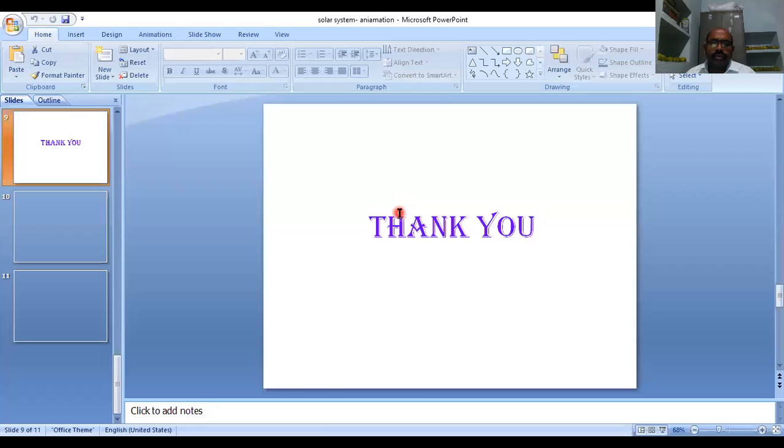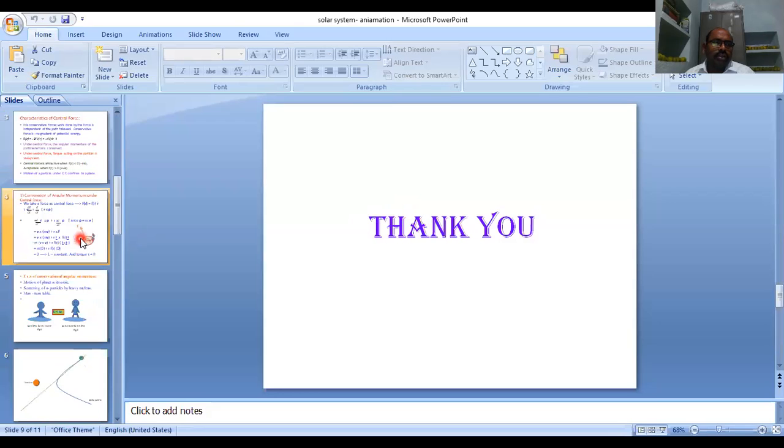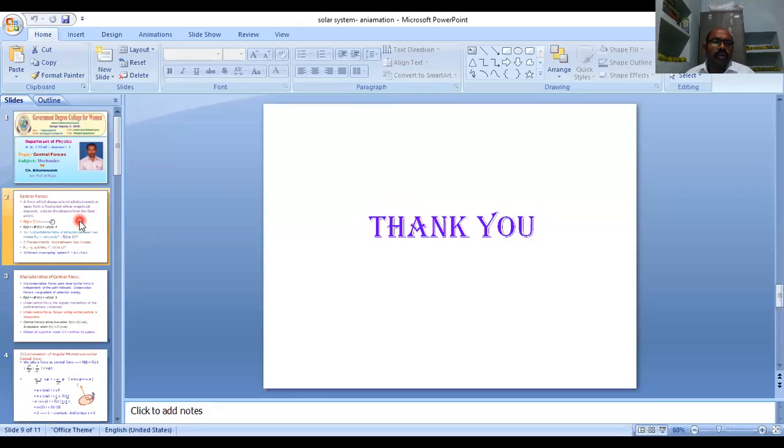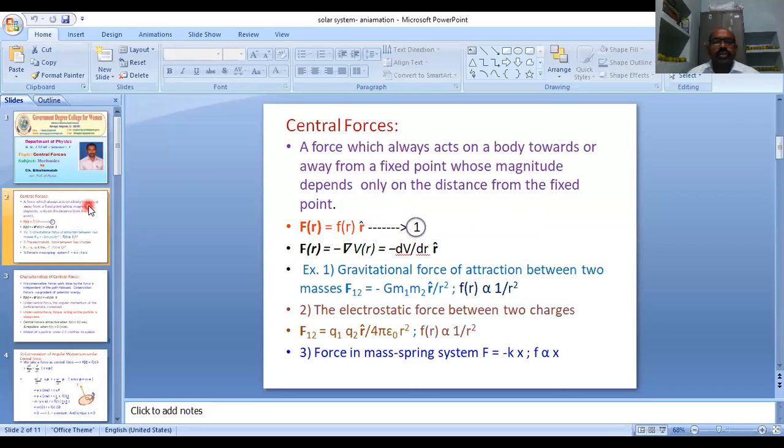Thank you. In this lecture we have seen central force. What is a central force? A force which always acts towards a point or away from a point is called a central force, and it can be expressed as some function of position, f of r into r cap, the unit vector along the radial direction.